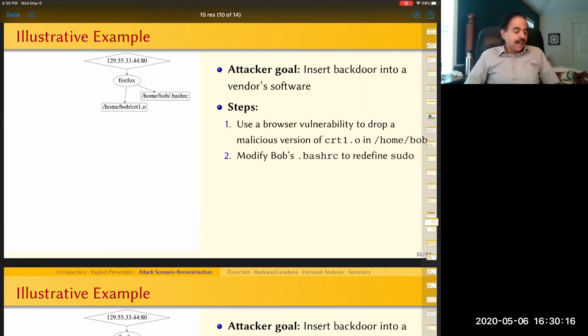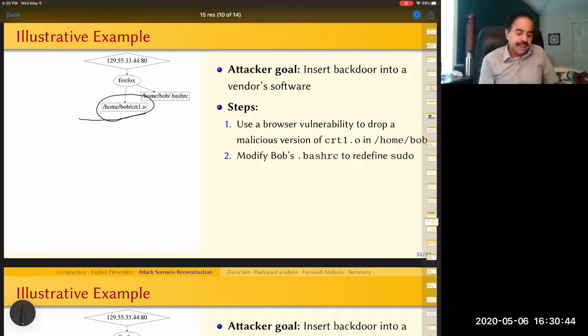And this malware does two things. One is it saves a binary file called crt1.o in Bob's home directory. And it also modifies Bob's bashrc file. And the reason why it does it is because ultimately, in order for the attack to work, this binary crt1.o has to be installed in a system directory, right?